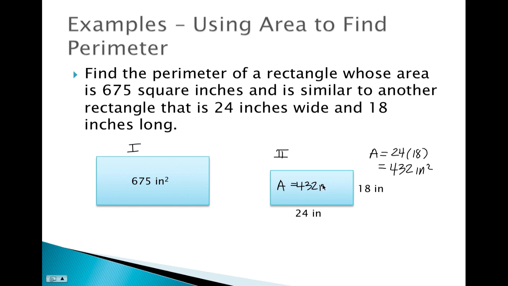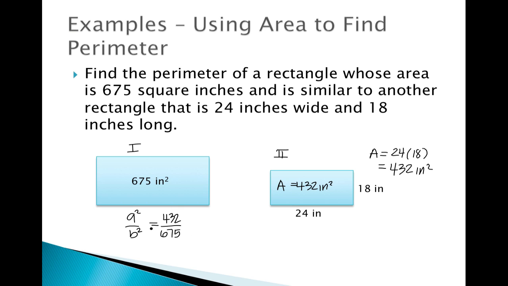Now that we have this area, we can find how they are in proportion to each other, since we know they're similar figures. Their proportion ratio is going to be A squared over B squared, or in this case figure 2 squared over figure 1 squared. So that equals 432 inches squared over 675 inches squared.